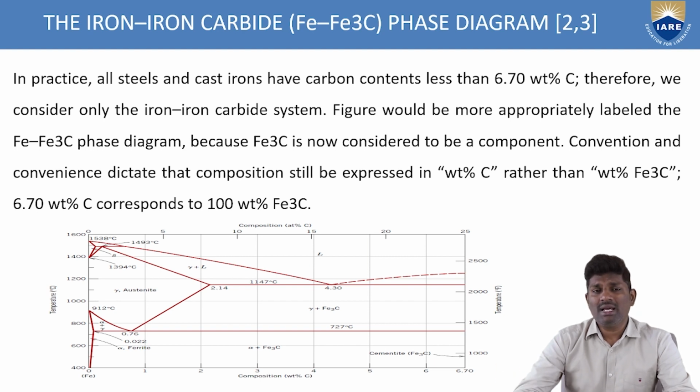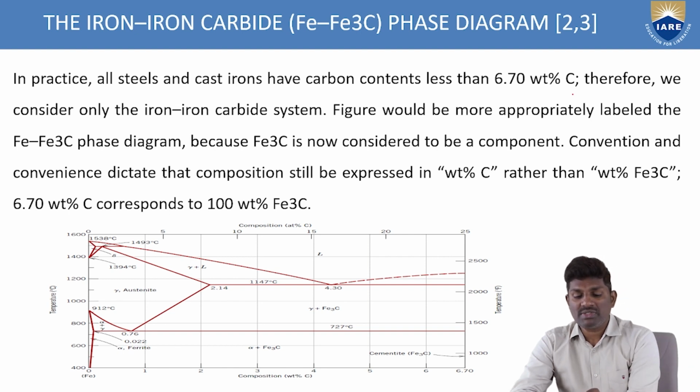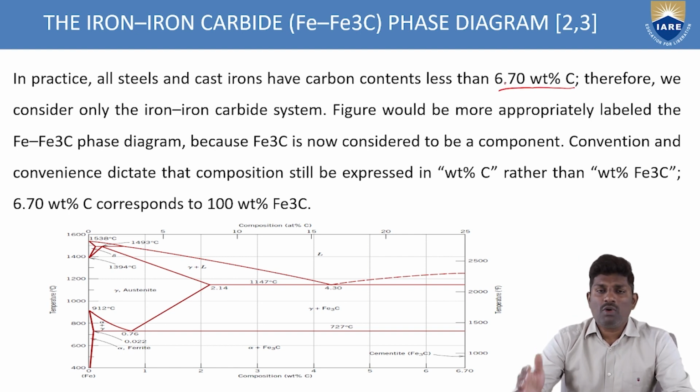Now in practical things, what is happening? All steels and cast irons have carbon content which is less than 6.70% of carbon. So what steels or cast irons we are taking into consideration in daily practice have a carbon content of less than 6.70.